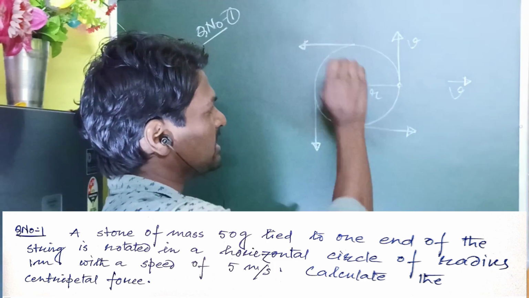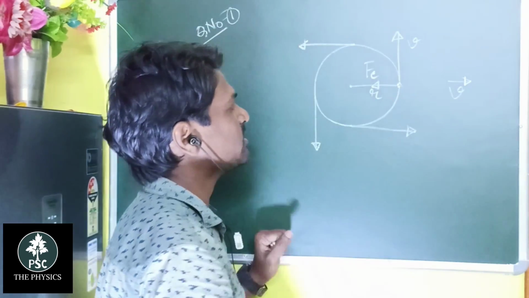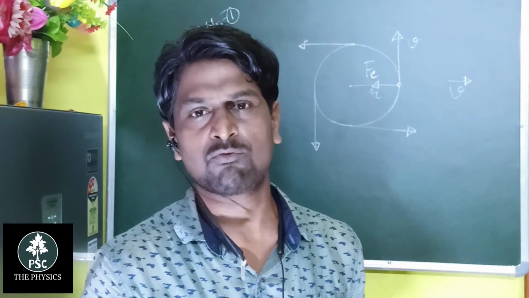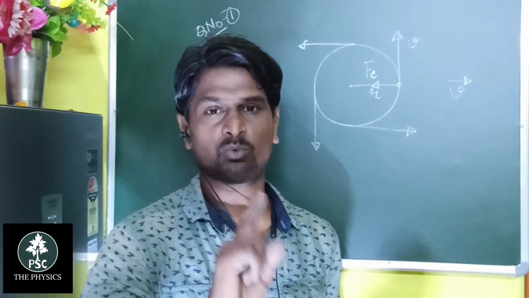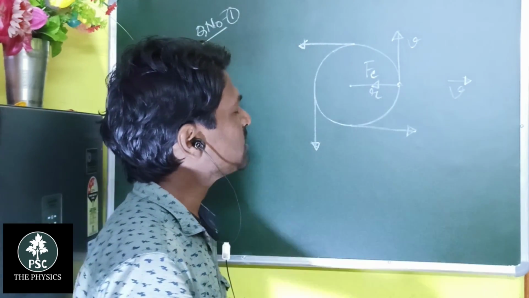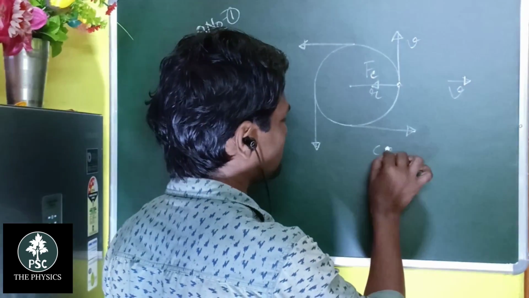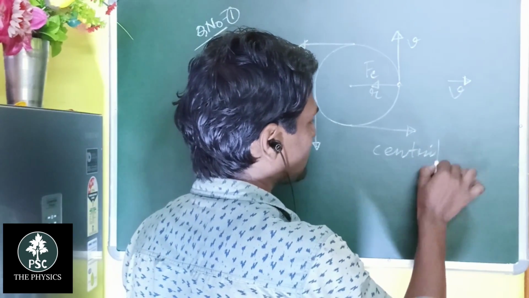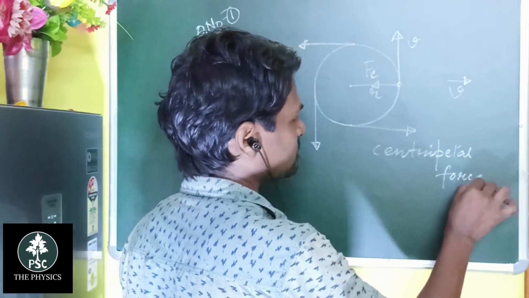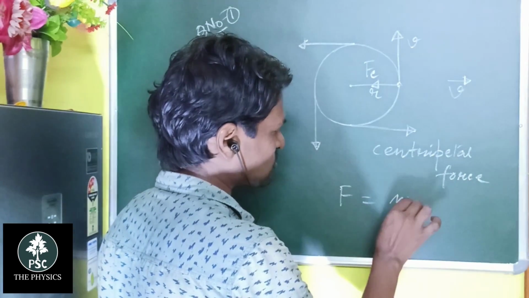So when a body moves around a circle, a force is always required to keep it moving. If we try to move a particular body in a circle, you have to apply a force, and this is called Fc, the centripetal force. This centripetal force is proportional to the mass of the body.